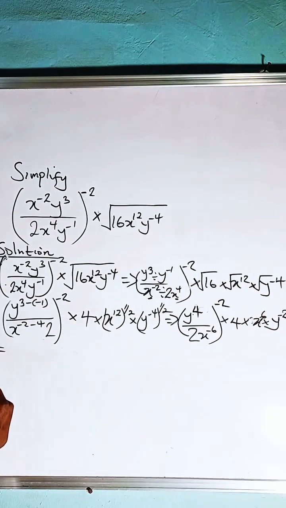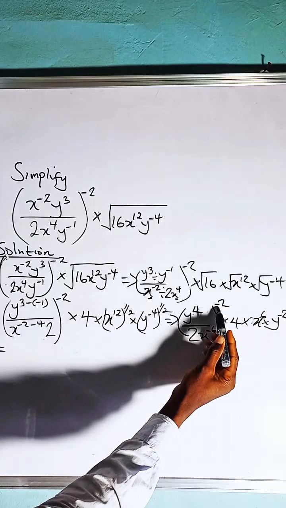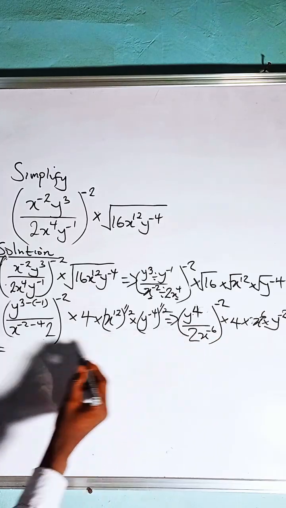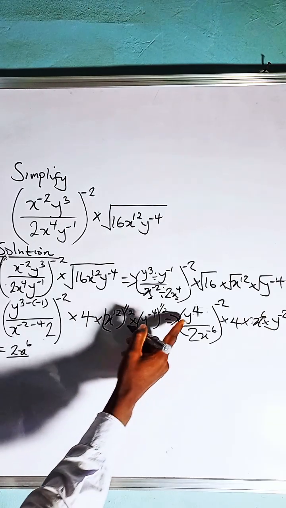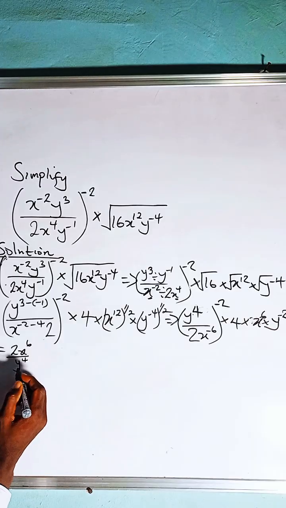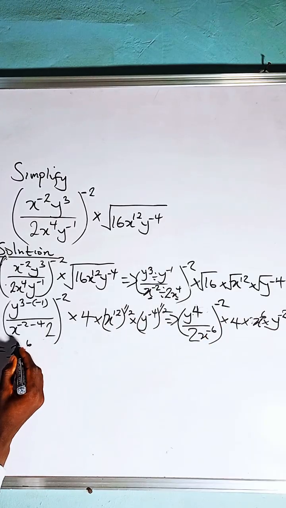Applying the exponent rule, the negative exponents interchange position, so we have 2x to the power 6 over y to the power 4.